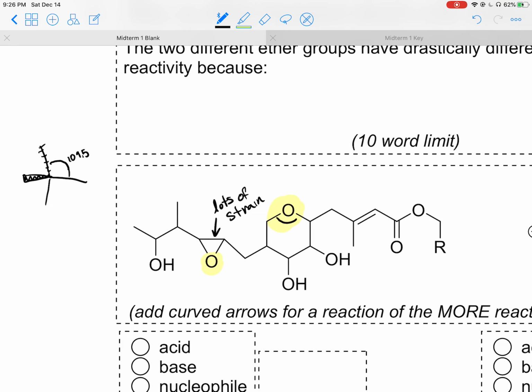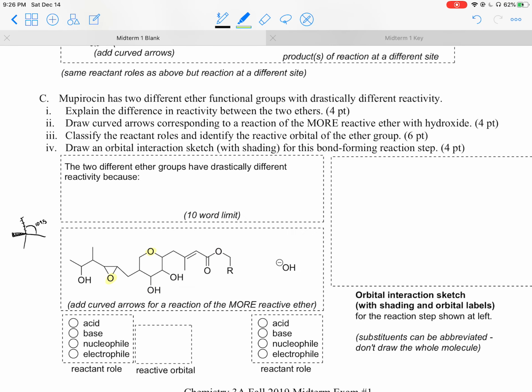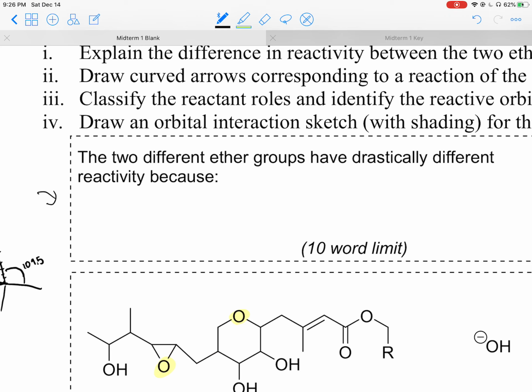Actually I should erase that because we're going to have to draw something in here. But yeah, so that's the main difference between these two ethers, is one of them is in a 6 cycle and one of them is in a 3 cycle. So when it's asking in this box why the two different ether groups have drastically different reactivity, it is because of ring strain differences.